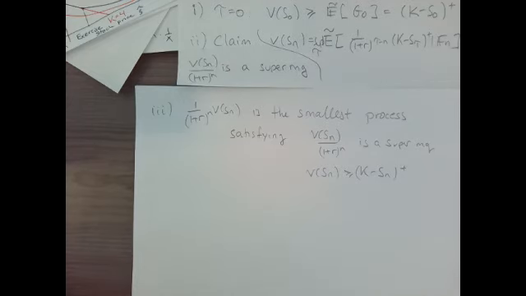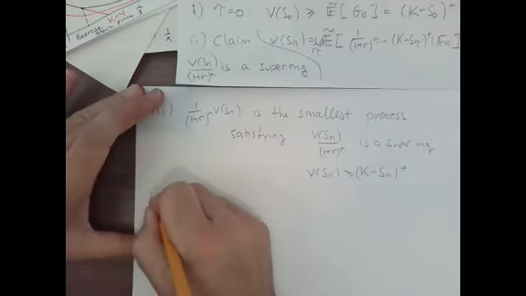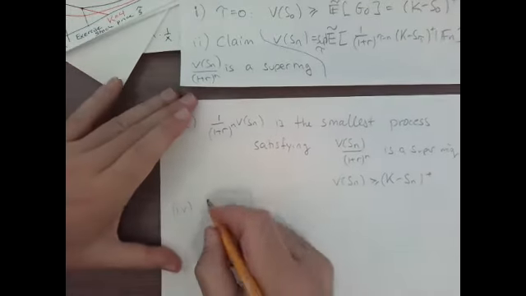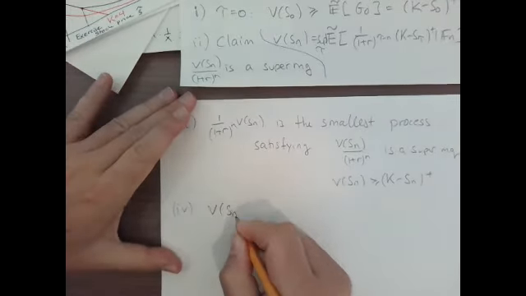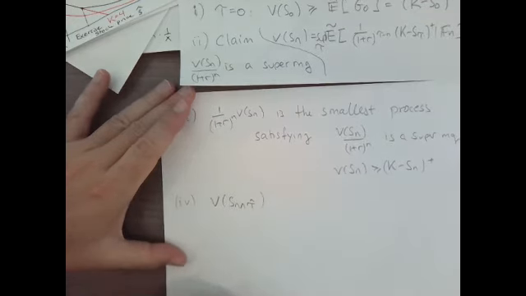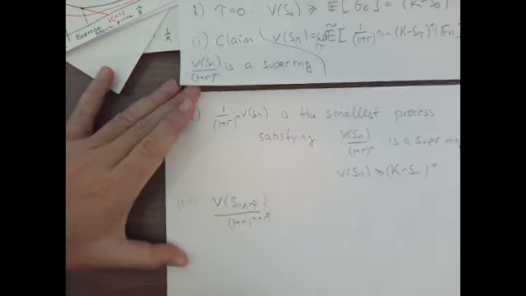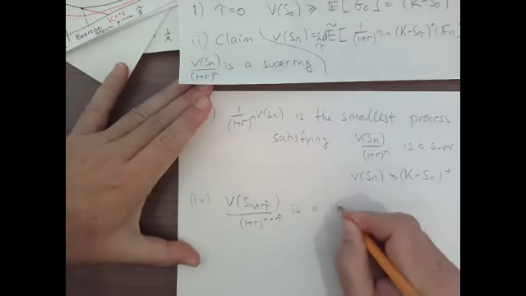And then the last point being, so this is the supermartingale part, this is the smallest part, and the last part is to show that if I take V of Sn, but here I've stopped it at this tau hat, divided by 1 plus R to the n minus tau n hat, this is a martingale.